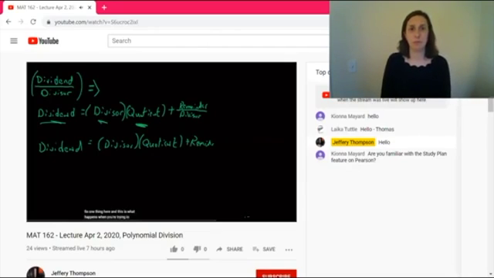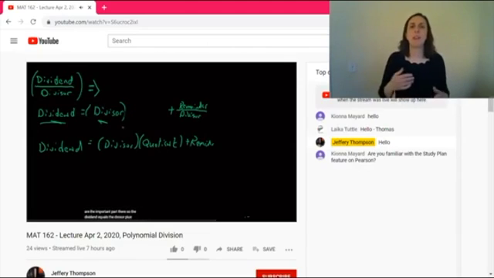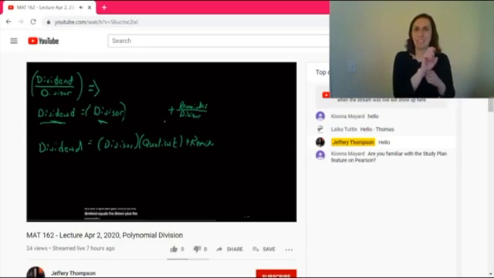I have an extra term here, so I'm going to erase this quotient. I should have derived it, but we'll get there, because I'm going to turn this into variables shortly, and the variables are the important part. There. So the dividend equals the divisor plus the remainder.